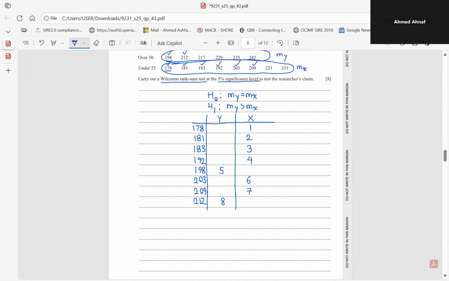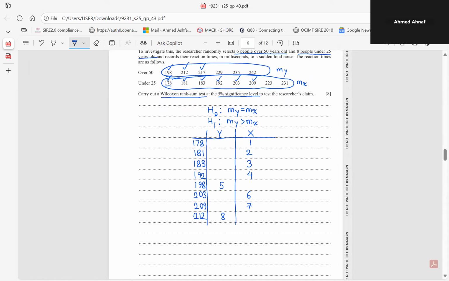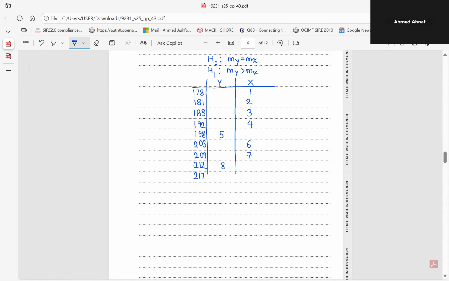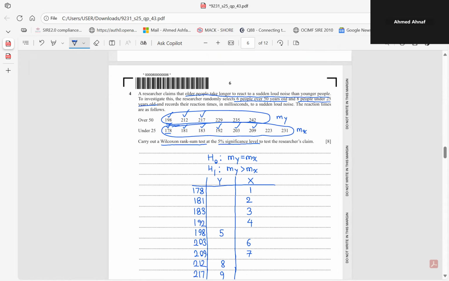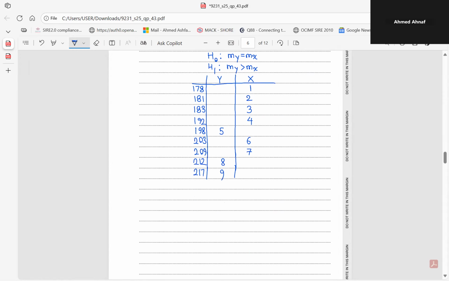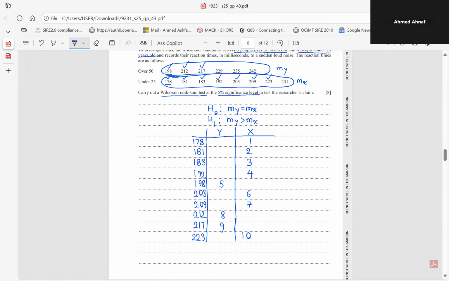And then 217, that is 9. And then we have 223, which is from under 25, so that would be 10.